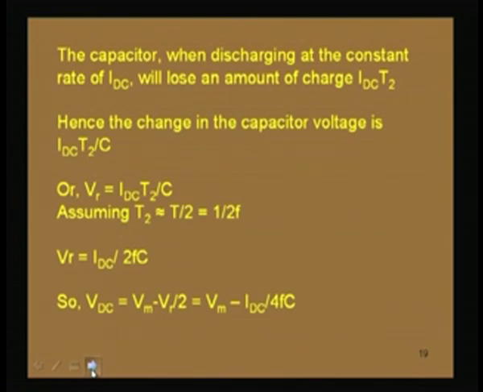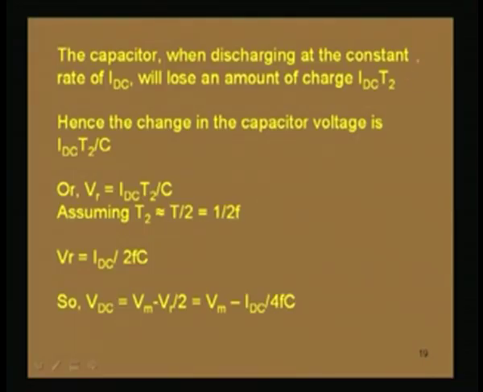Because if we look into the capacitor, it is discharging at a constant rate of current of IDC say, then when discharging it will be losing the charge equal to current into time, that is IDC into T, that will be the charge lost by the capacitor while discharging. So, the change in the capacitor voltage because of this discharging is IDC into T2 by C, that is charge by capacitance, that will be the change in the voltage.